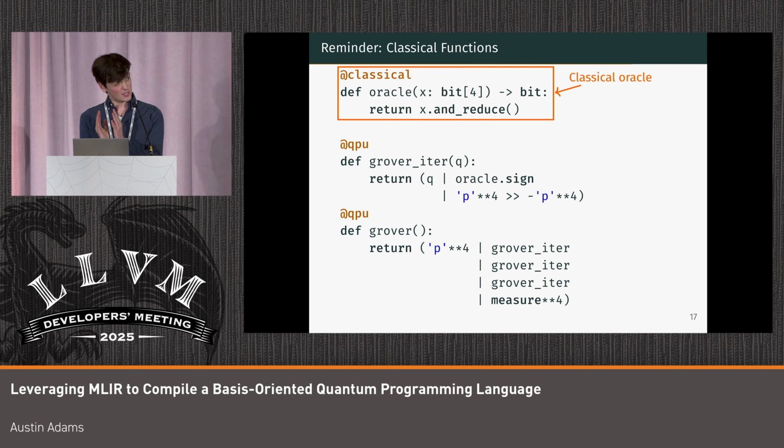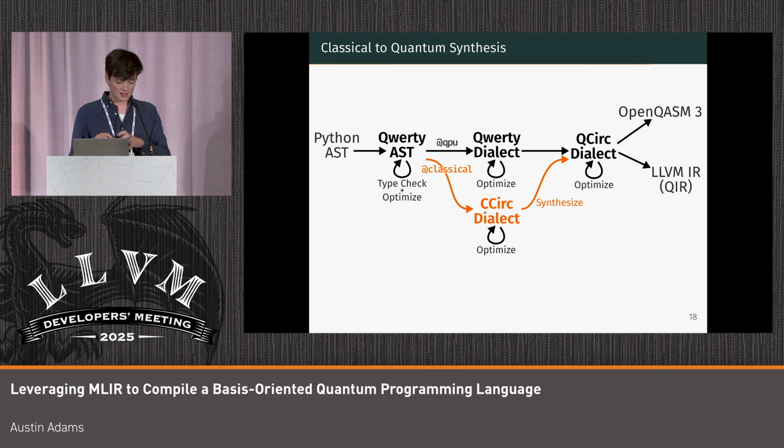Okay, but that's not the only kind of quantum circuit synthesis that we do. If you recall earlier in the talk, I showed that you could write some classical code and we would synthesize a quantum circuit from it. And I can tell you how that works too. That classical function would start off as an AST, and then we would lower that to a classical circuit dialect, the C-circ dialect.